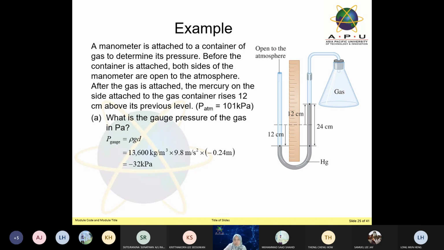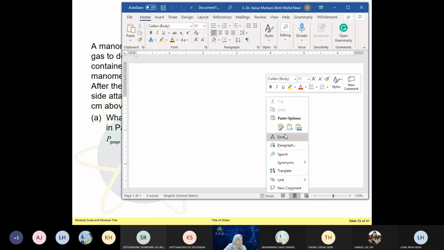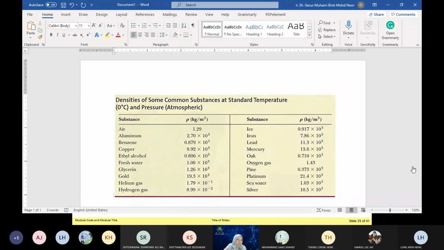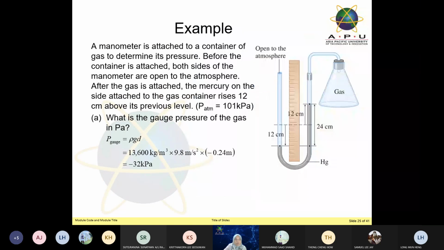Okay, this is the table. So for mercury, the density is 13.6 times 10 to the power of 3. So the table for the density will be provided, depending on the question.